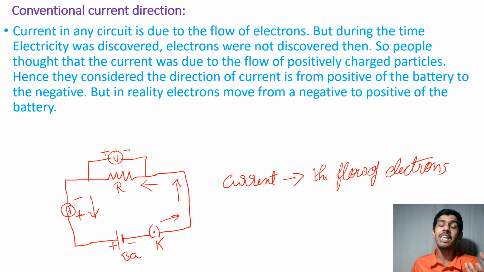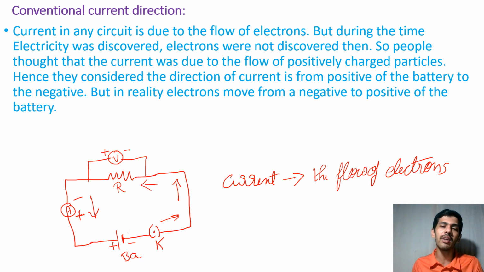That is why they were unaware that the current is due to the flow of electrons. What they thought is that the electric current was due to the flow of positively charged particles, which would be more towards the positive side.